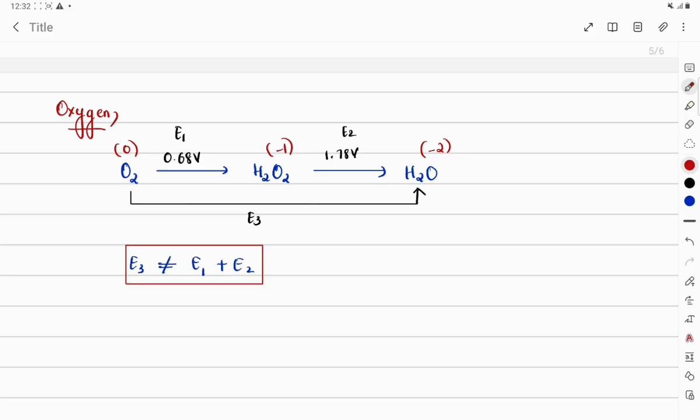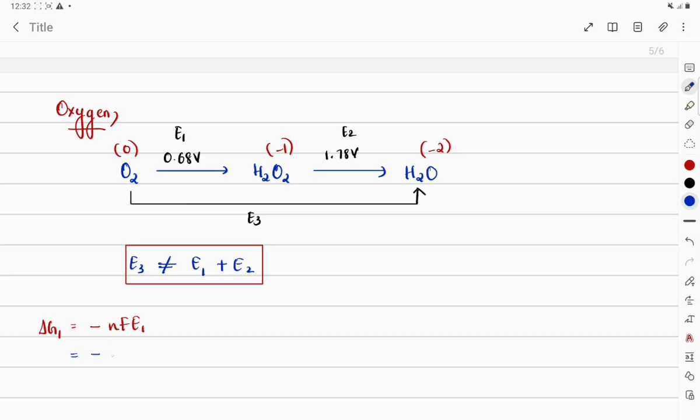What is the relationship between delta G and E? Delta G is equal to minus NF E cell. So for E1, I need to find delta G1. Delta G1 is equal to minus NFE1, where N represents the number of electrons. From 0 to -1, the number of electrons involved is only 1.